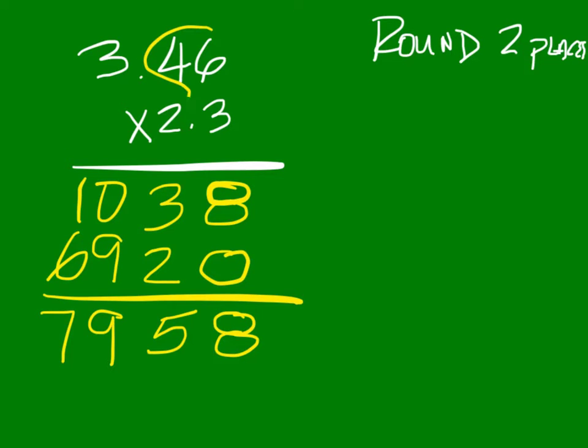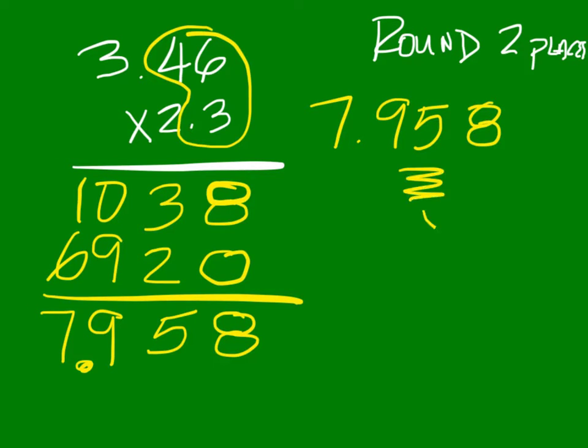You have 3 numbers to the right of the decimal point, so it should be a decimal point there. And then go to round it. You have to look at this number and the one beside it. So it would go up to 7.96.